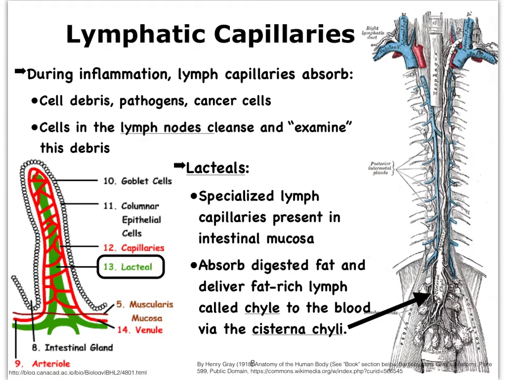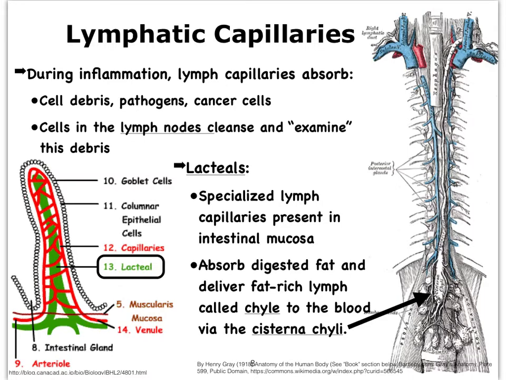This lymph then is passed on via the lymphatic vessels to lymph nodes, which will literally survey all of this lymph with the help of very specialized cells that we will get to in another video.